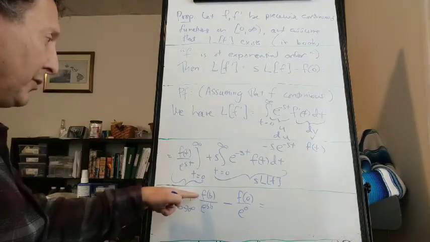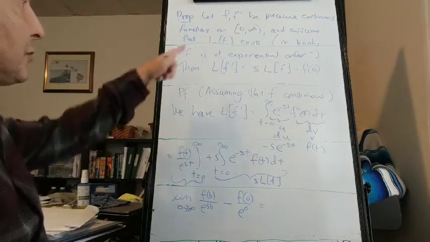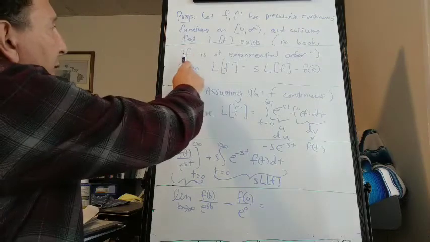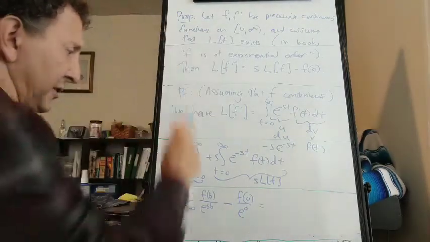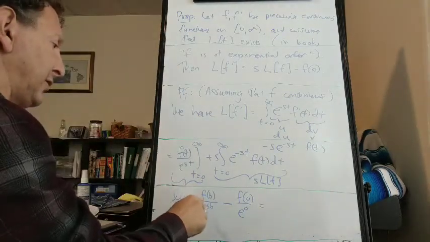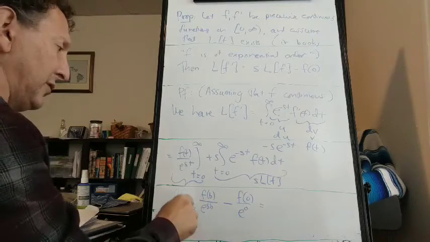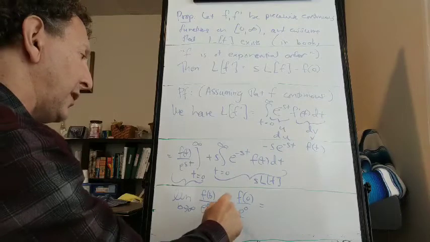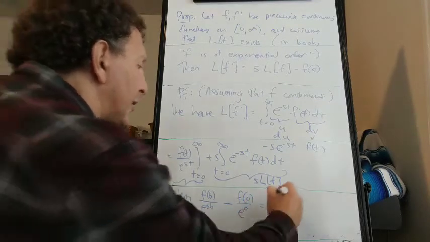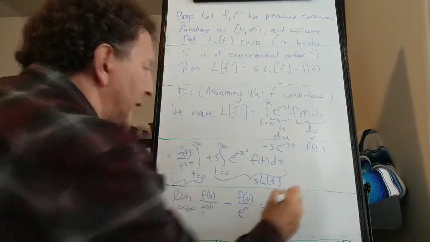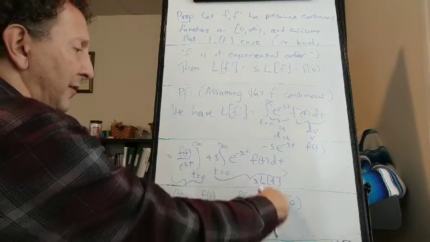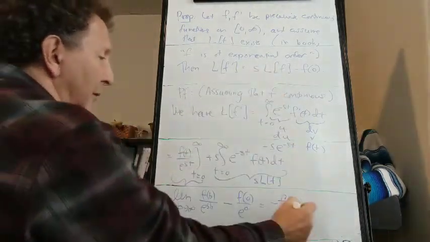The numerator grows also, but since we're assuming that the Laplace transform of f exists, that is, f grows no faster than an exponential function, then as b goes to infinity, this fraction is going to go to 0. And that leaves us with minus f of 0 over 1, which is just negative f of 0. So what we have is s times the Laplace transform of f minus f of 0, which is exactly what we're claiming.